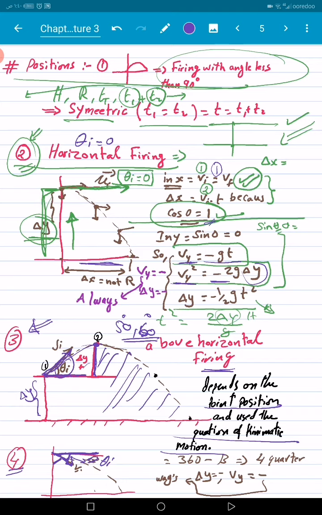It's very easy. Make your coordinates. So that is the first quarter, second quarter, third quarter, fourth quarter. So my angle is 360 minus beta. I can find the firing angle that I wanted. So beta is not my firing angle.